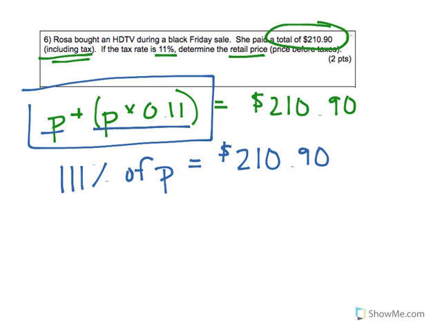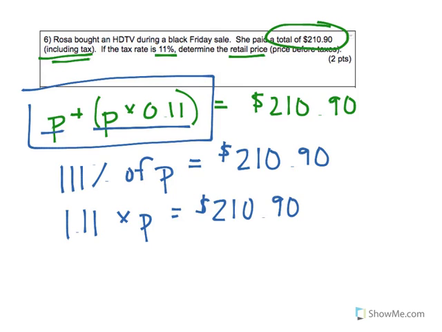So 111% is 1 and 11 hundredths. Some people got a little confused and put 1 and 1/10. I think they forgot that last 1, so be careful of that mistake. So 1 and 11 hundredths times the price is going to equal $210.90.